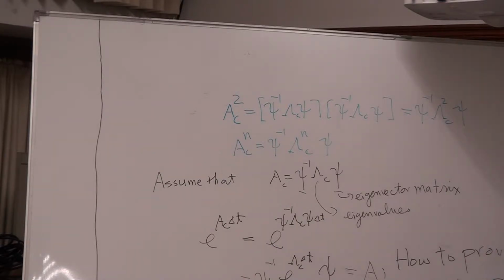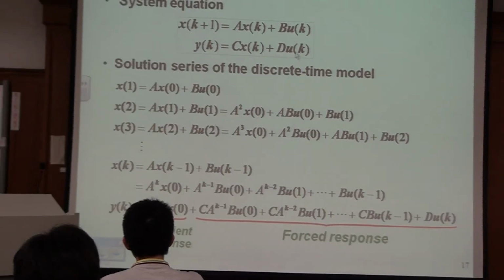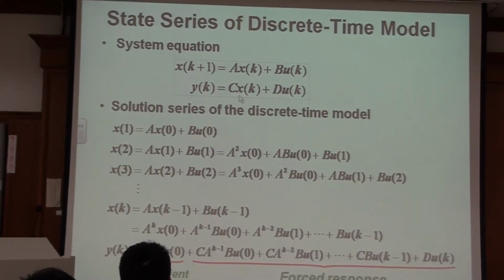All right. So now, one is a transient response. One is a forced response. So when you substitute xk, yk equals Cxk plus Duk.